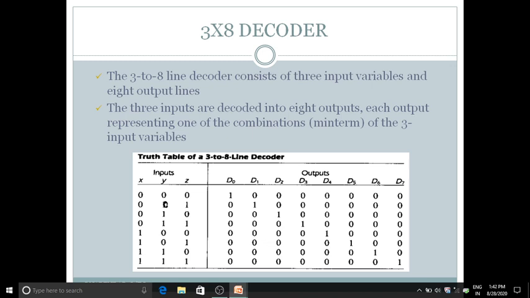In general, one out of the 8 output lines will be active, and the remaining will be inactive.